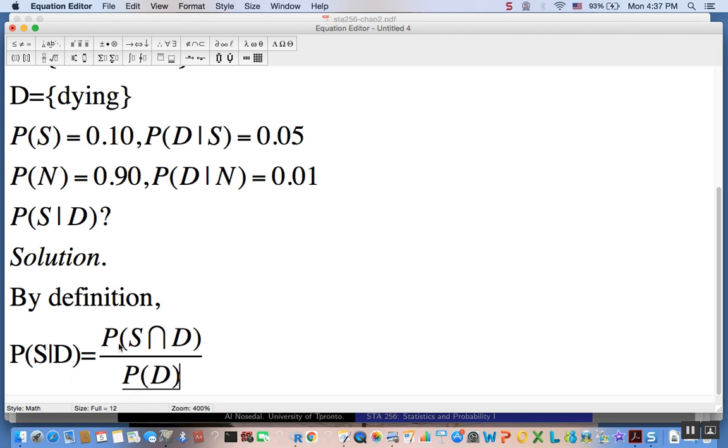Probability of S and D divided by probability of D.